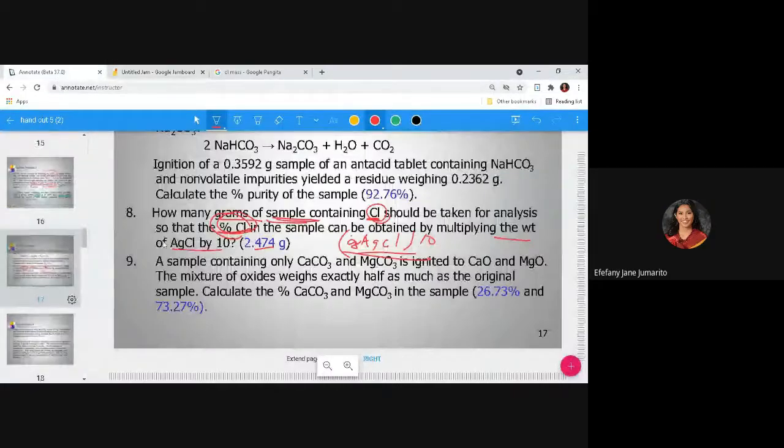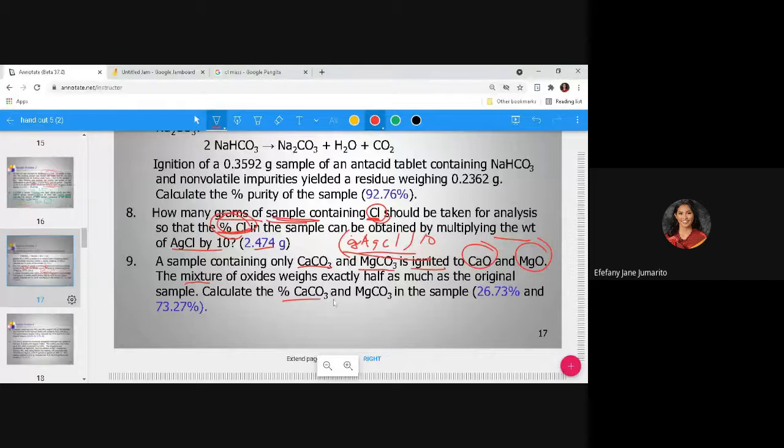All right. We have number 9. A sample containing only calcium carbonate and then we have magnesium carbonate. So we ignite that one, forming calcium oxide and magnesium oxide. The mixture of oxides weighs half as much as the original sample.